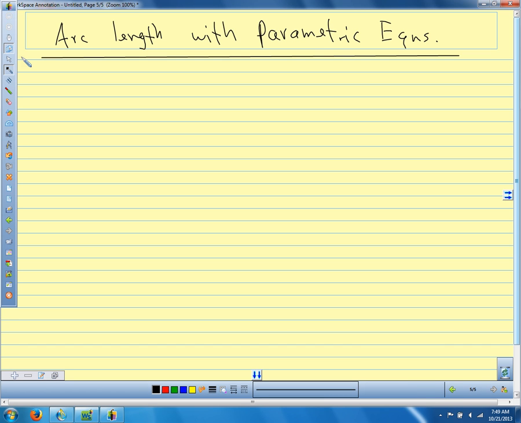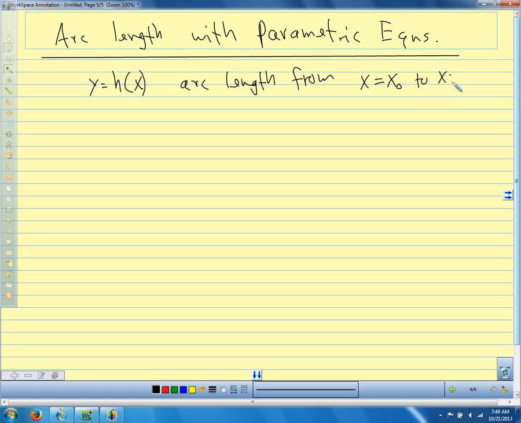So we're going to start with what we said: if we have y equals h of x, so y as some function of x, and our arc length from x equals some value to x equals some other value, we said our arc length was the integral from x0 to x1 of the square root of 1 plus h prime of x squared dx.